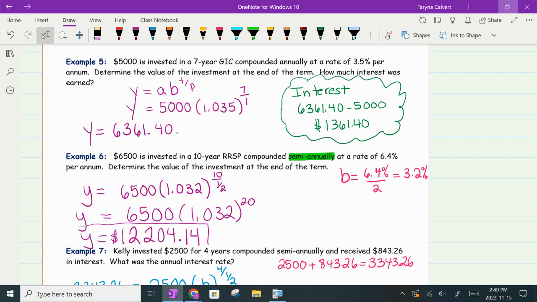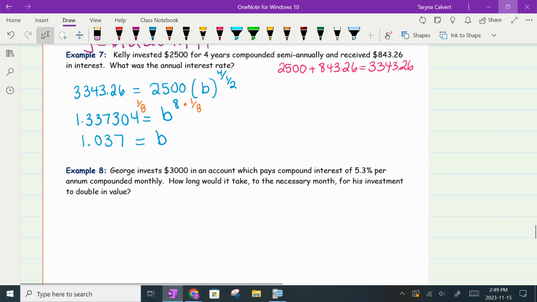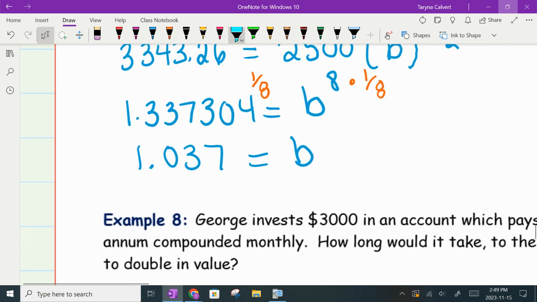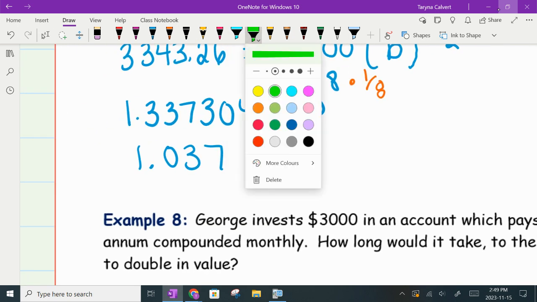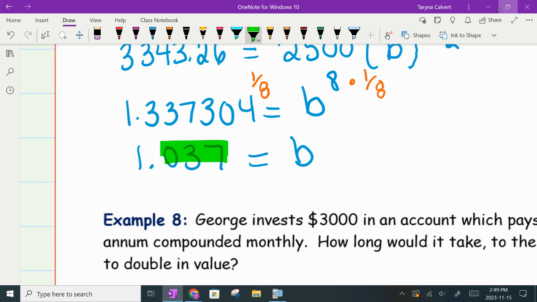Yes. The percentage is after the 1. So the 1 you ignore. So you're looking at this piece. So take that piece back to a percentage, which is 3.7%.